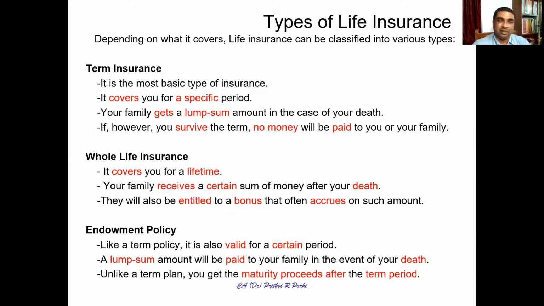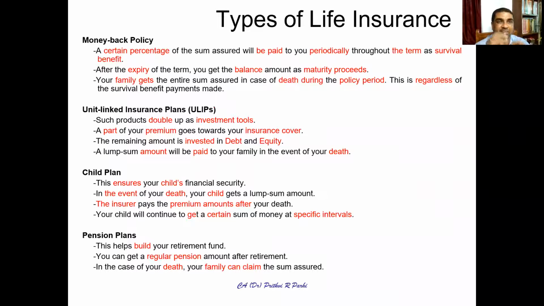Yes, sir. Understood. Okay, having understood this, now we'll move to some other types of policies. This is a policy which is called the money back policy. Money back means the insurance company will give some money back. How does it pay? A certain percentage of the sum assured will be paid periodically, throughout the term, as survival benefit.